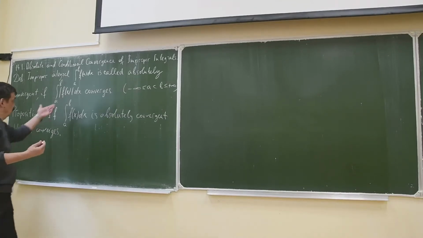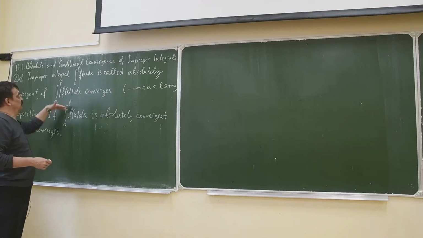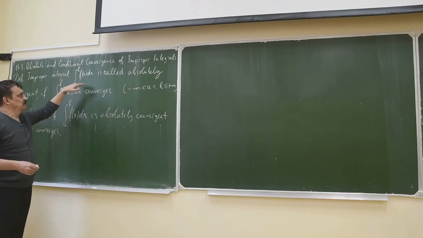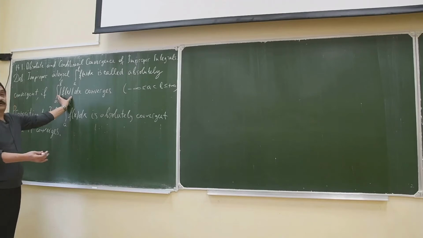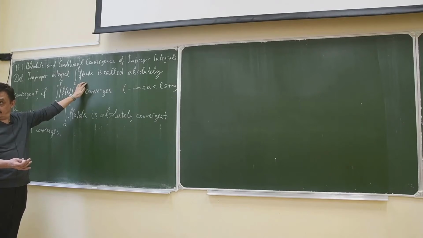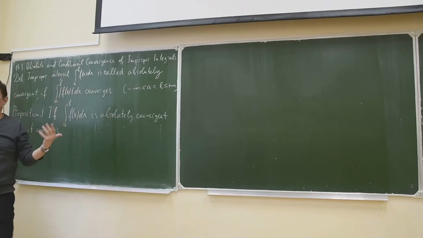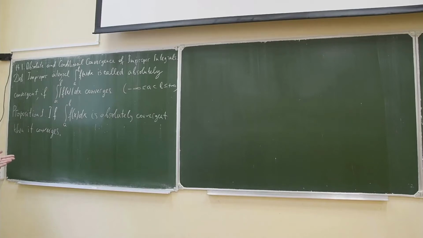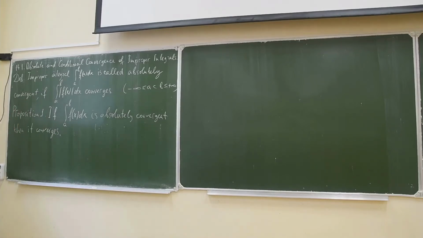In principle, without any additional information, it could be that an absolutely convergent integral is divergent in itself, right? According to the definition, we ask the convergence only for the integral of the modulus, and we say nothing about the integral itself, right? So in principle you can say, oh, it might be this is convergent, but that is not. But it cannot happen. If it is absolutely convergent, then it is convergent itself.